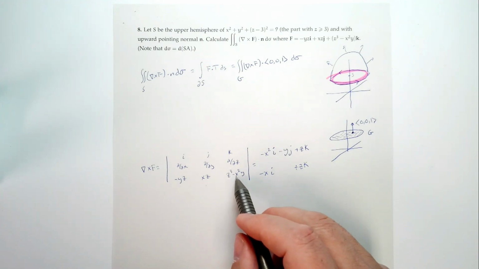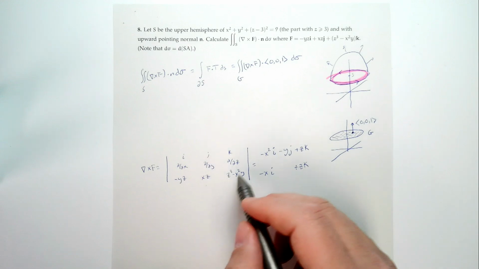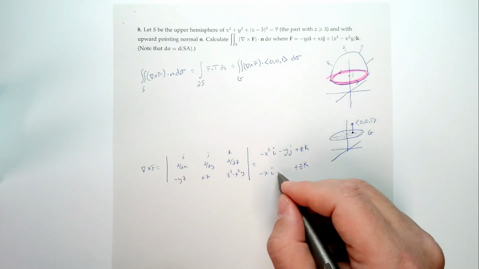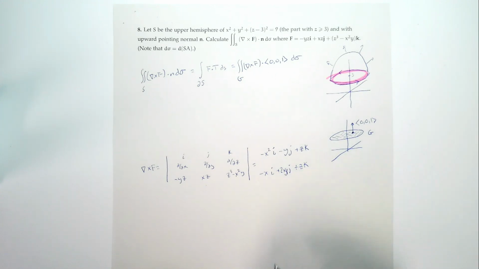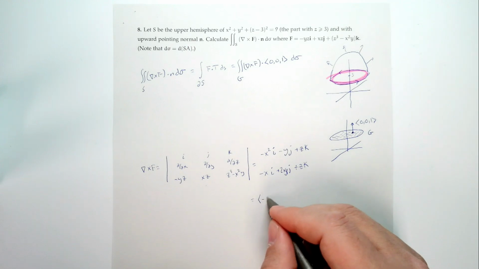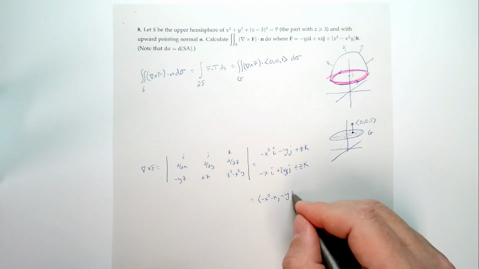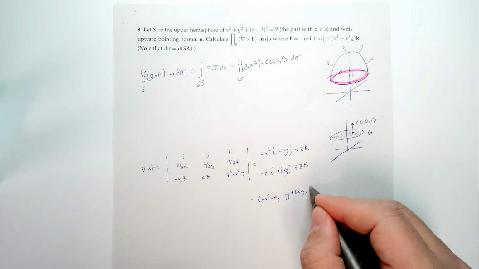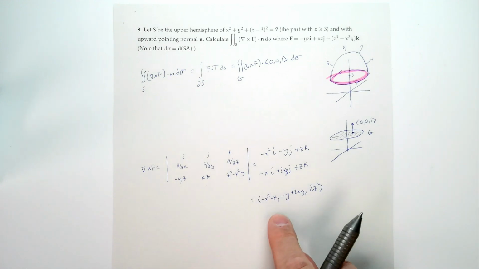Well, there is an x here, so that would be minus 2xy, but because we're in that direction, we really add 2xy, so plus 2xy j. So we end up with minus x squared minus x, comma, minus y plus 2xy, comma, 2z. So there's our del cross F.